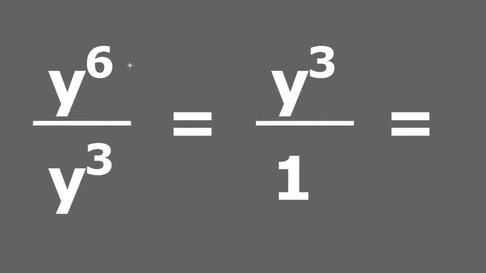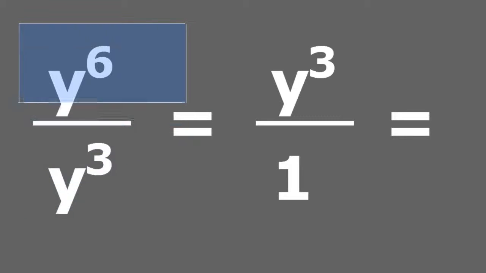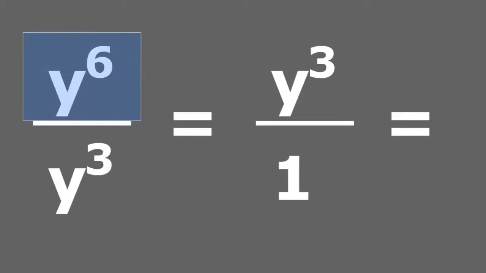They have different exponents. What I'm going to do is what I call putting them in a battle to the death. Both of these y's go into a battle, so only one will survive. The one that survives is the one with the larger exponent, which is the one in the numerator. So I'm going to end up with a y in the numerator.